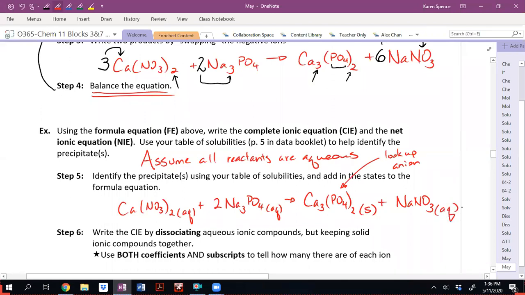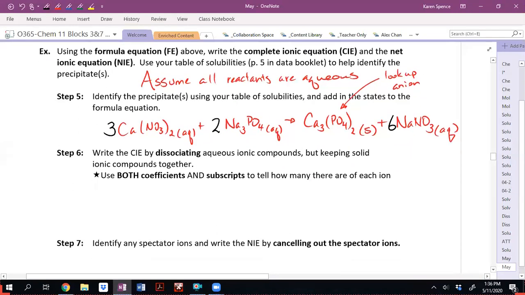Okay, and I forgot my coefficient here. Did I forget any other coefficients? I forgot my coefficient here. And in fact, I do want to put those in different colors just because it's going to make my next step a little tidier. Okay. 6 there and there.